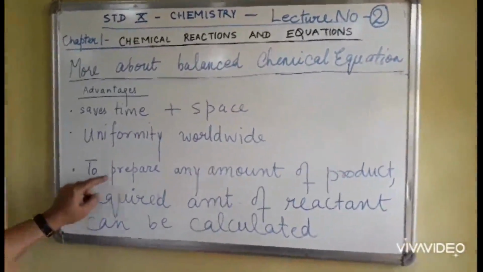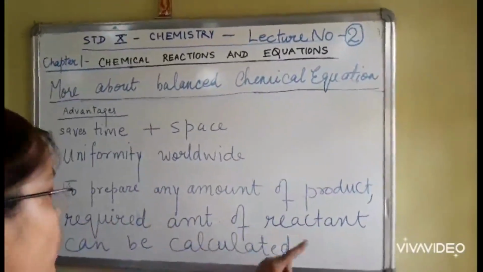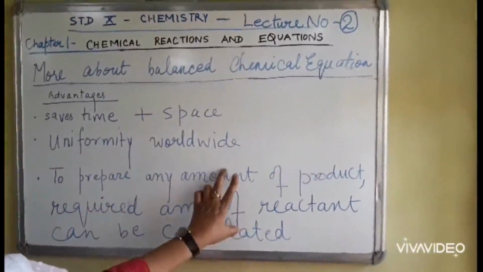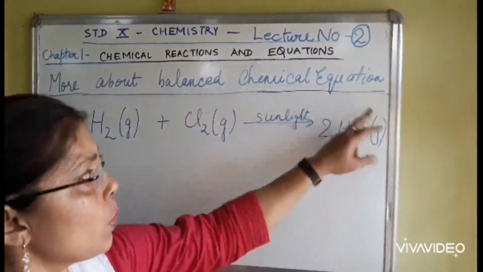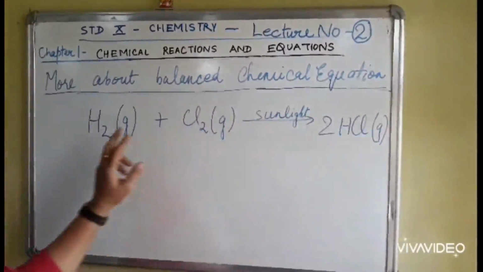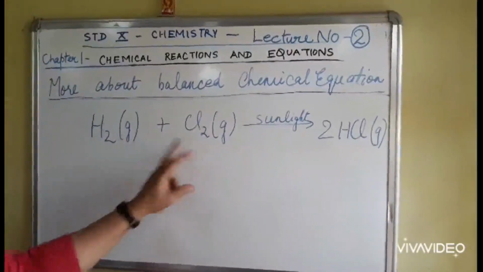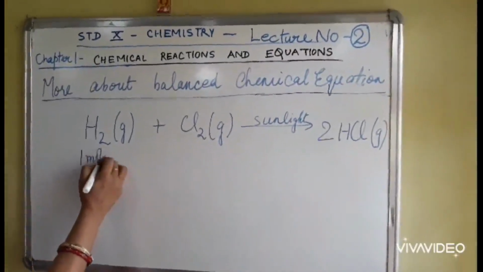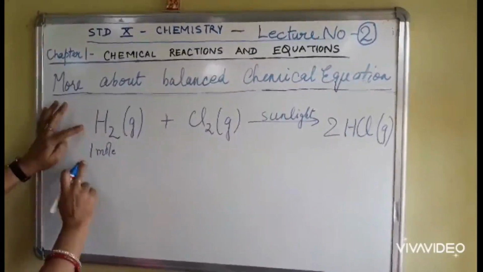Third point is, to prepare any amount of product, the required amount of reactant can be calculated. Now this needs an explanation. I told you in the last point that to know how much product is formed, we can decide the amount of reactant required. See, you have already read in mole concept that after balancing, here there is no number, means it is 1 mole.